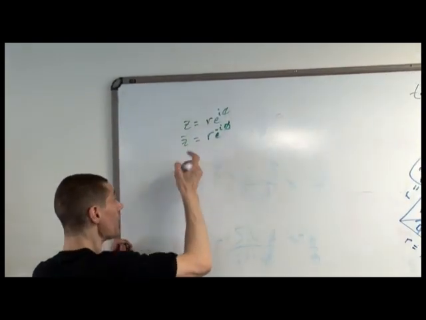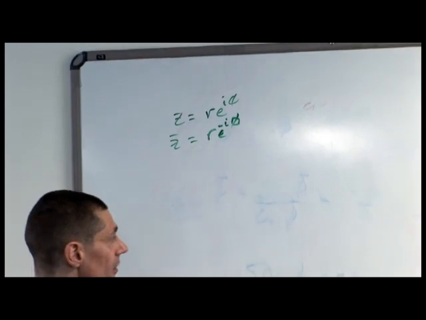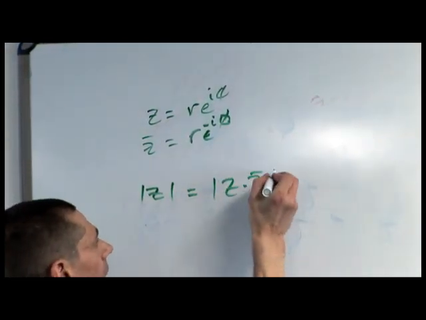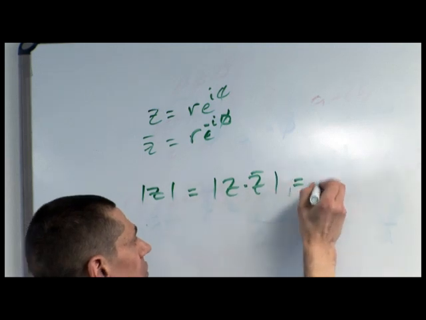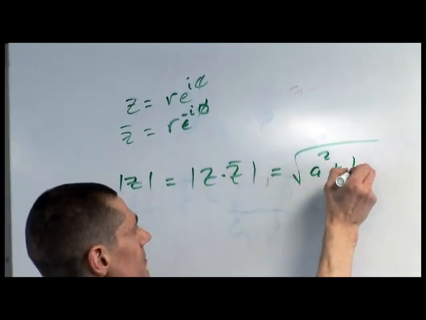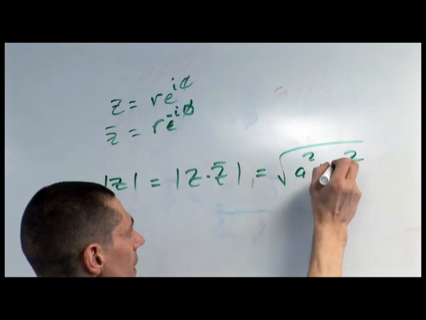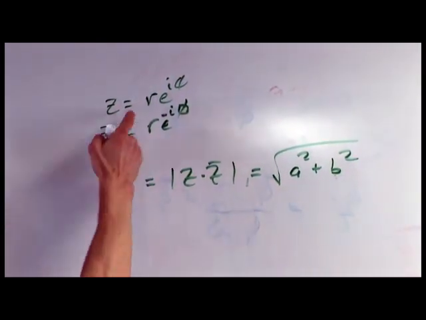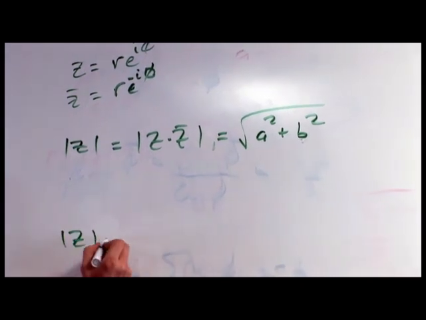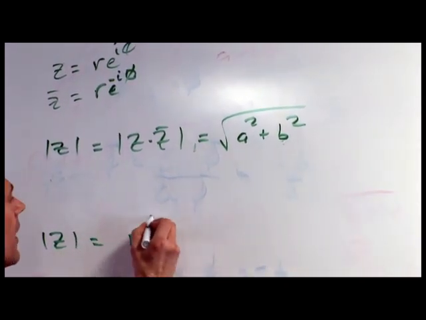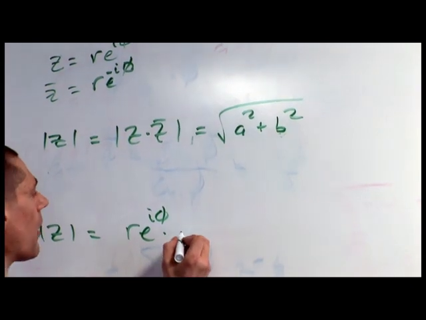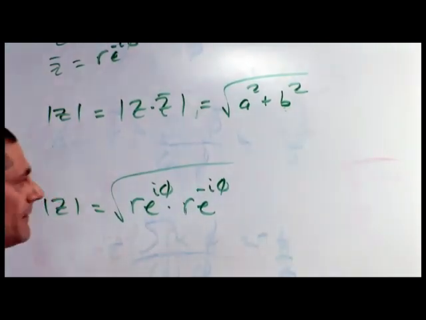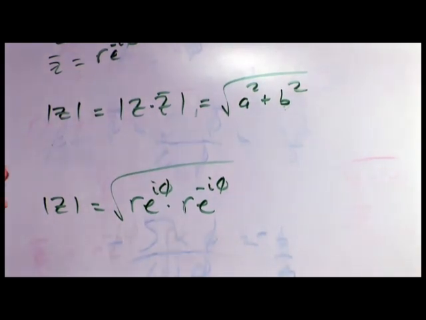I need to show that this representation still yields that the norm of z, which is the square root of z times z bar, which is the square root of a squared plus b squared, is the same if I use this representation. Right? So the norm of z is going to be z, which is r e to the i theta, times z bar, which is r e to the minus i theta, taking the square root.